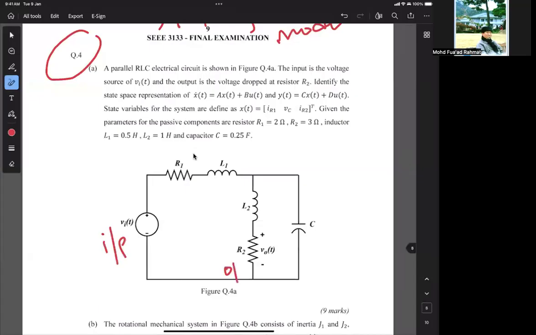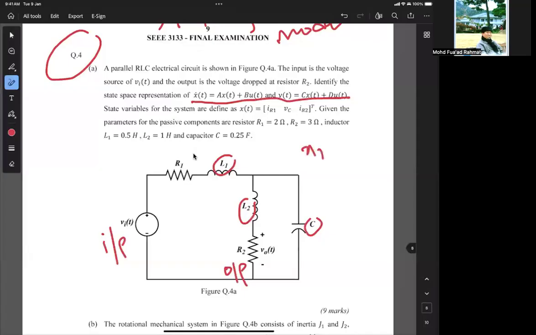So this is your output, R2. Identify the state space representation. The state variables are 3 state variables due to 3 active elements, L1, L2, and capacitor.